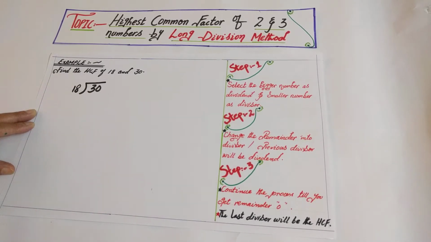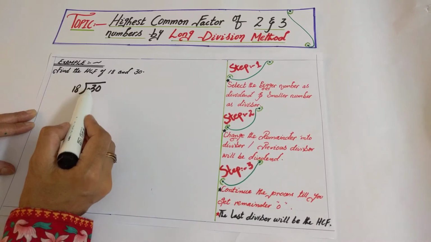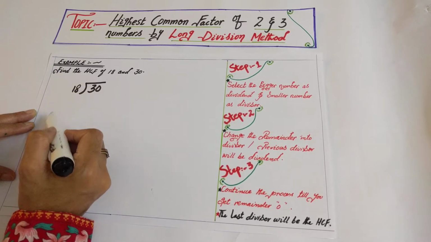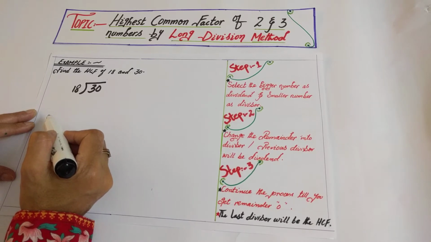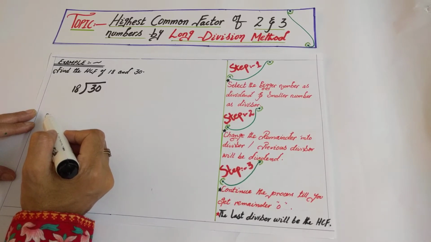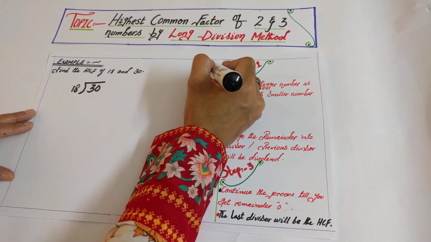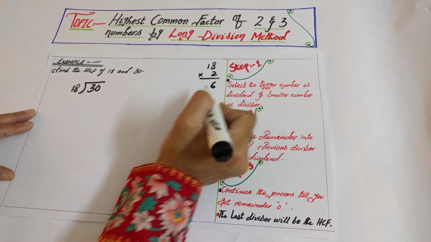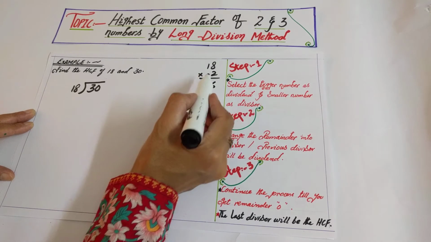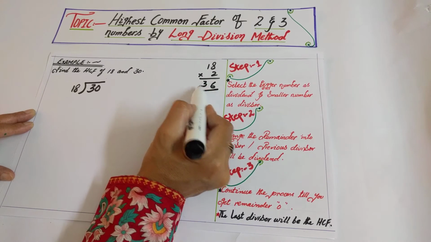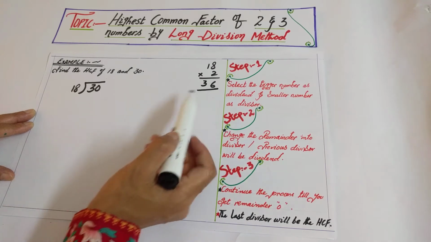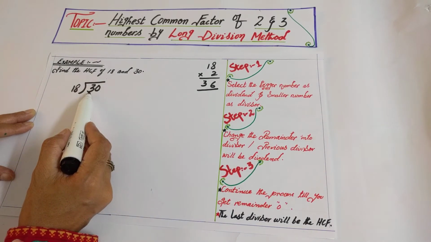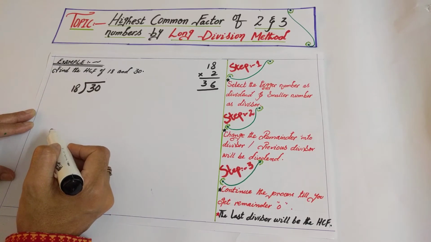Now we will divide this 30 by 18. 18 ones are 18, 18 twos are 36. Let's check: 8 twos are 16, 2 ones are 2, 2 plus 1 is 3. So 18 twos are 36. Now 36 is bigger than 30, so we will use 18 ones are 18.